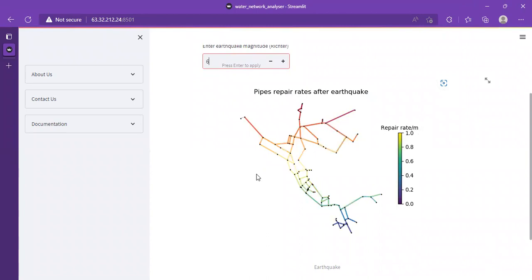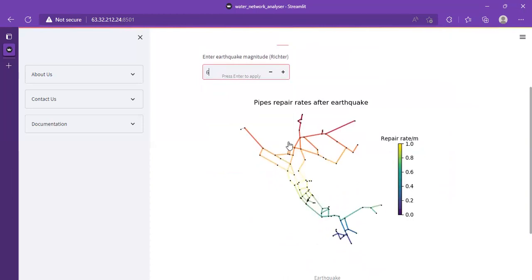So here we can see that majority part of the repair rates after earthquake is actually much in this network. That's if you look at the down part, the repair rate is more than where we have the reddish and the likes.